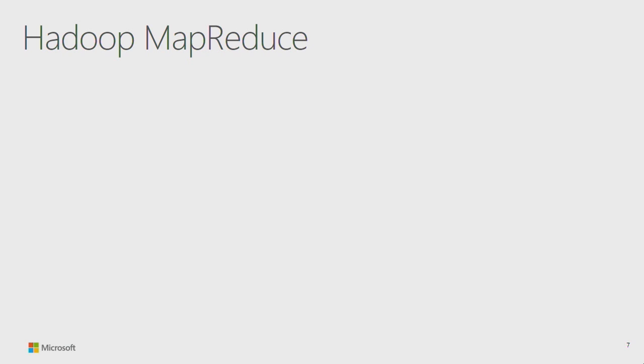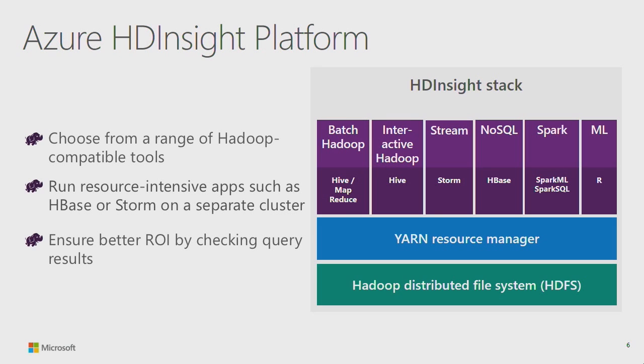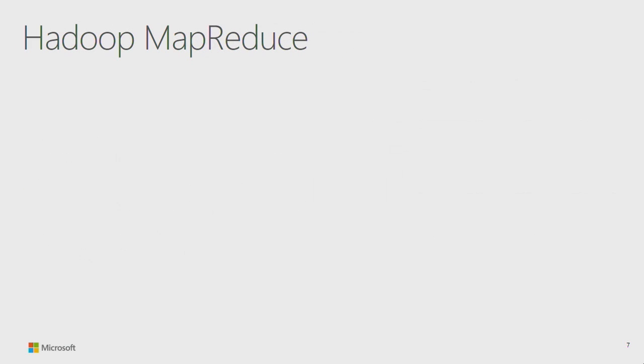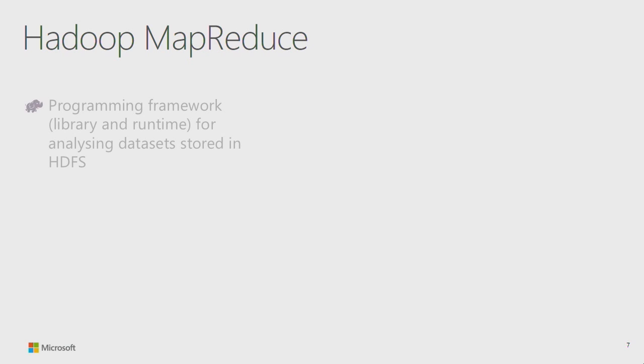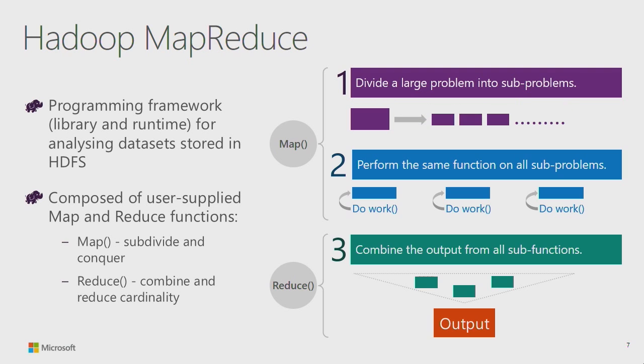Now that we've talked about the HDInsight stack, in today's session, we're going to focus on the batch Hadoop, primarily on Hive, which you can use in batch Hadoop or the interactive Hive cluster. So let's talk about why we even need Hive. Let's take a step back. When Hadoop was initially introduced, MapReduce was the primary language of choice.